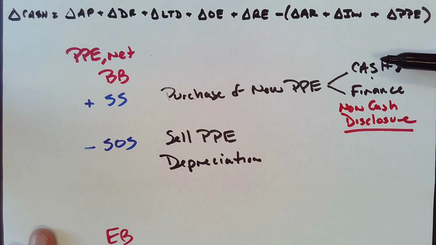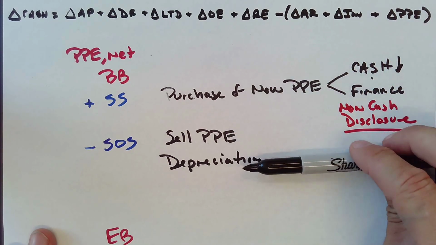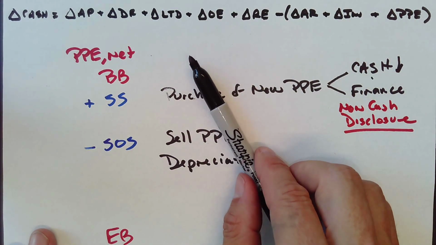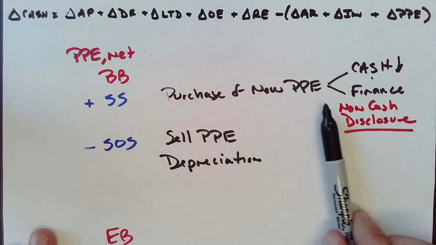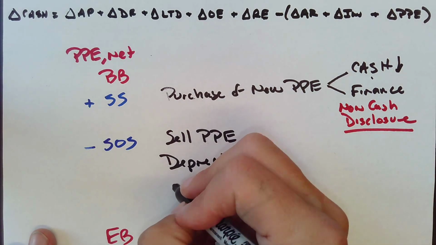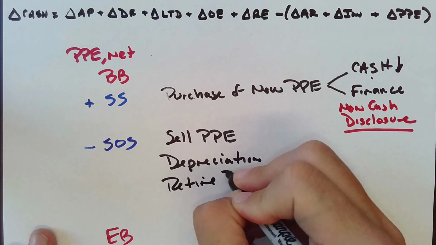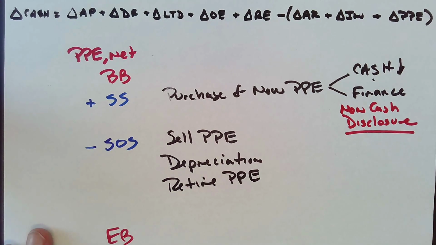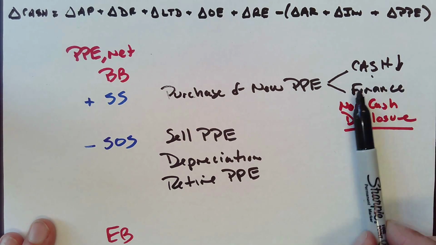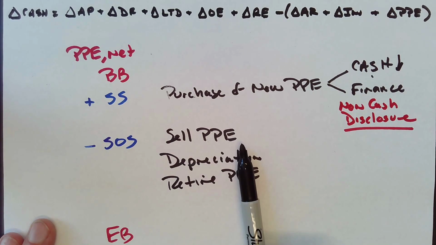So now, when we think about our three items here, there's other transactions that could happen. We could do an acquisition. Well, that's purchase of new PP&E. We could sell a division. That's selling PP&E. There's a lot of different things that can happen here, right? We could retire PP&E, dispose, a variety of different things. The only two items that have cash involved with them, unless I'm financing it, are purchase of new PP&E and selling PP&E.